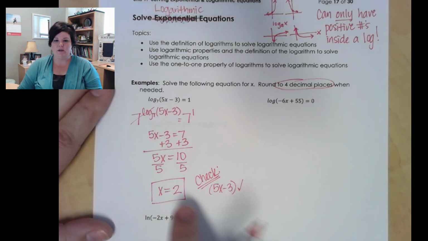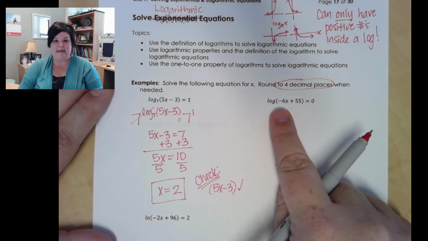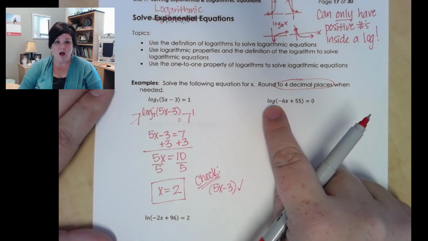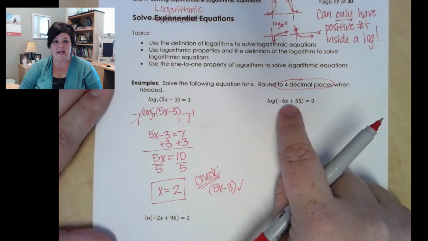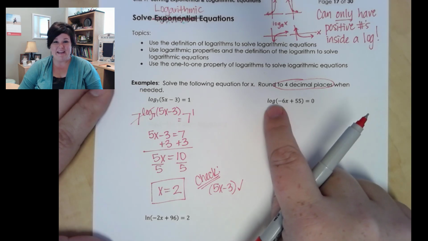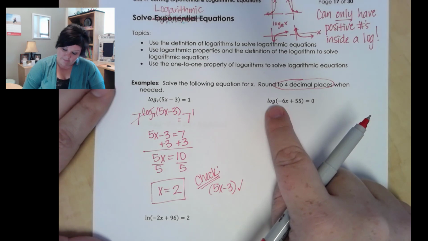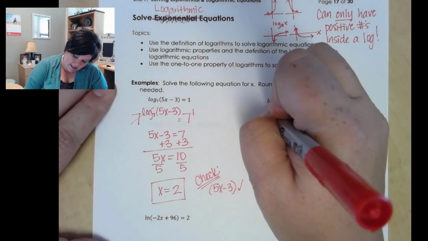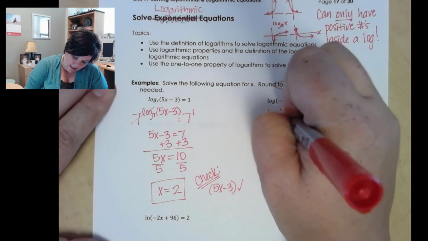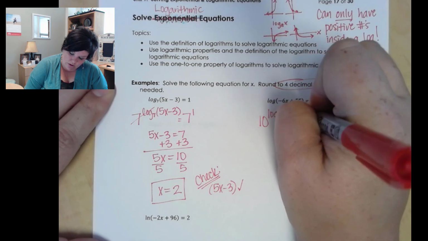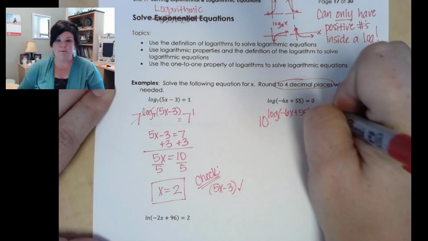So let's look at another one. Same idea here. I need to get rid of this common log that's out here so that I can solve for x. A common log's base is 10. So to get rid of log base 10, I'm going to use exponential base 10 and move that equation up into the exponent.